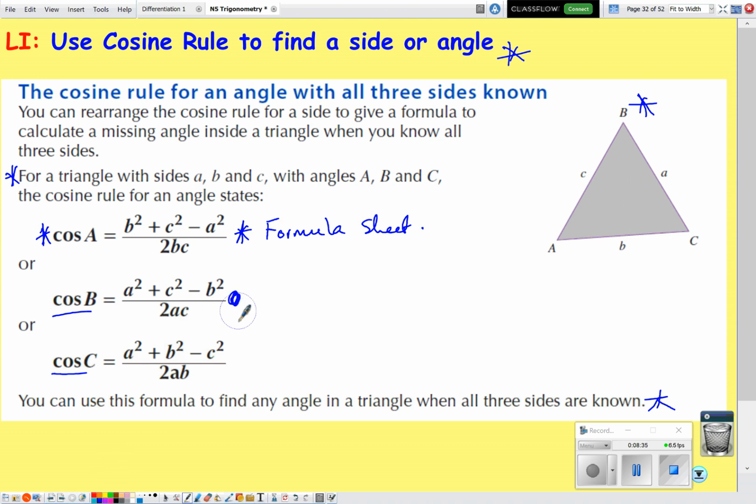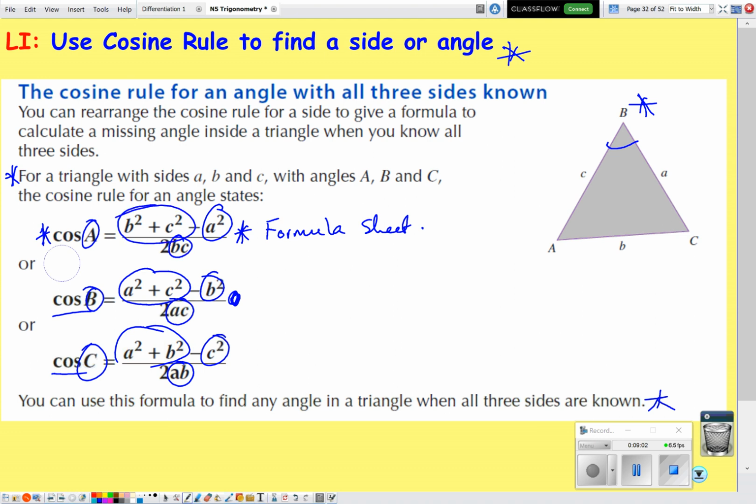This is how you would write the cosine rule if you were calculating the angle at B. You would do the other two sides squared and added, take away, notice these letters match, same there, right? Take away the square of the side opposite the angle you're trying to work out, divided by, notice these two letters always match these two letters, AB, A squared and B squared, BC, B squared and C squared.